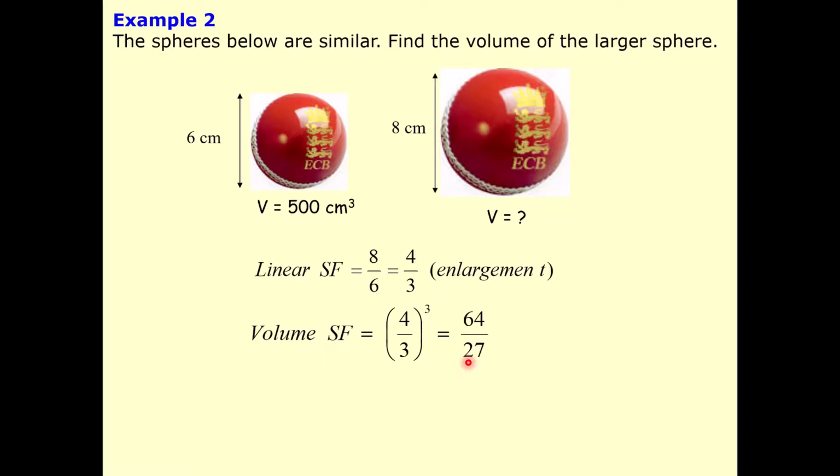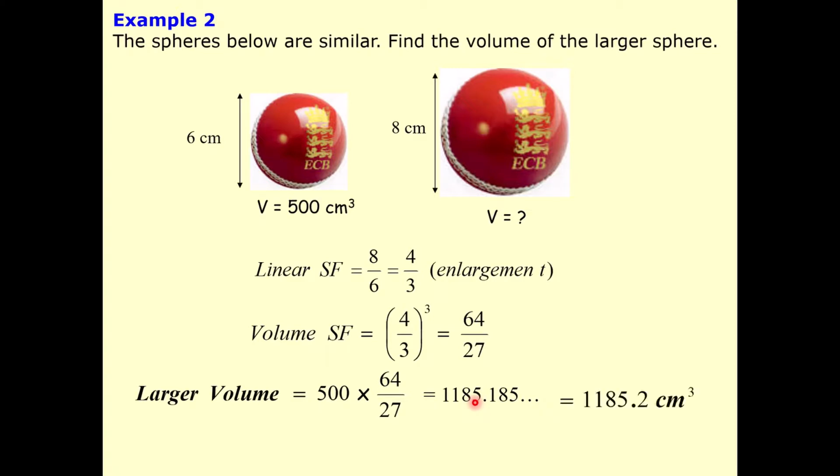We are now going to use that to calculate the volume of this larger sphere. So the larger volume is 500, which is our smaller volume, multiplied by our scale factor to give us 1185.185. This is our unrounded answer. Let's round it to a sensible 1 decimal place to get 1185.2. And the important part here, cubic centimetres.